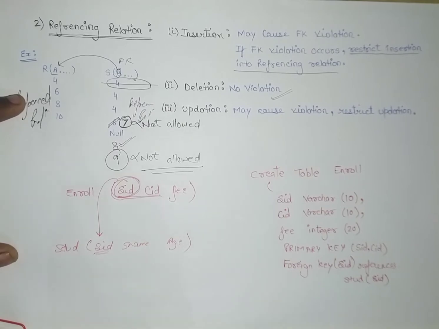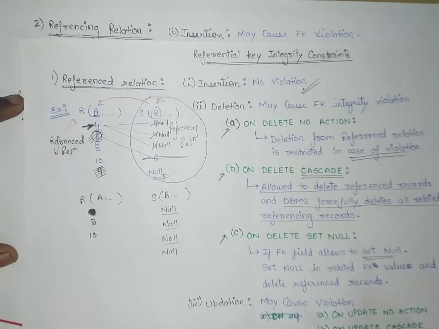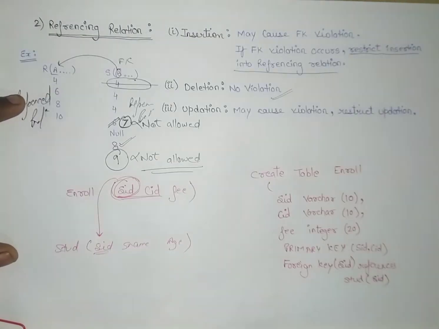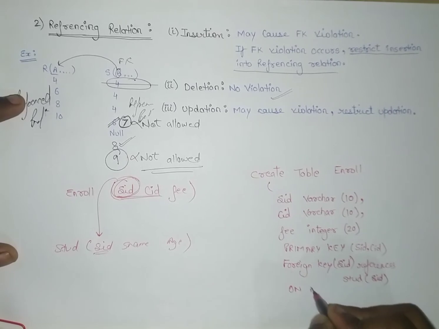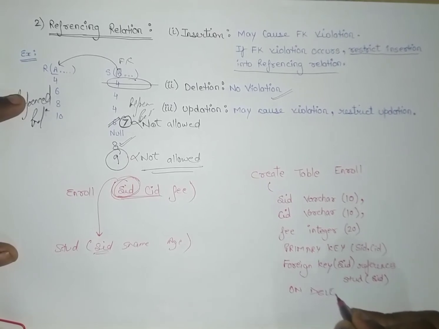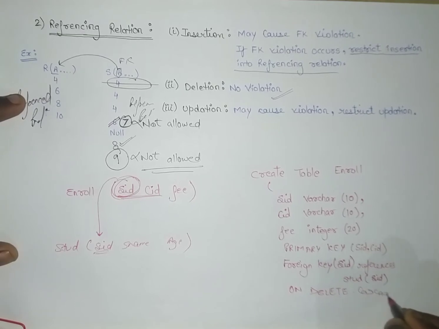Now how can we define the integrity constraints that we have learned? What we have learned are on delete no action, on delete cascade, on delete set null. So how can we put these things over here? If we want to use on delete cascade, we can simply write it here.